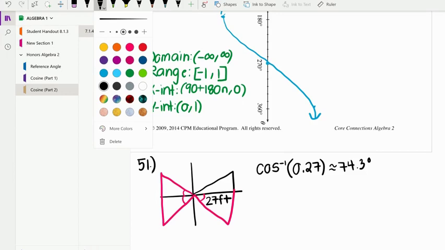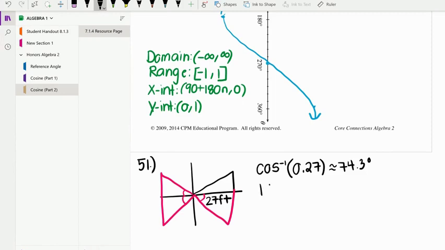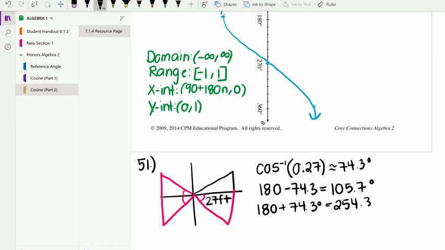So we can do 180 minus 74.3, and that will give us 105.7 degrees. Okay, and then we could also do 180 plus 74.3 degrees, and that would give us 254.3 degrees.